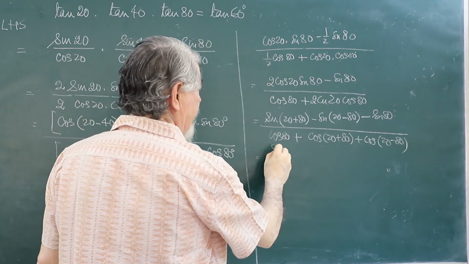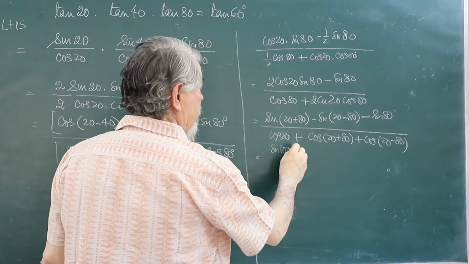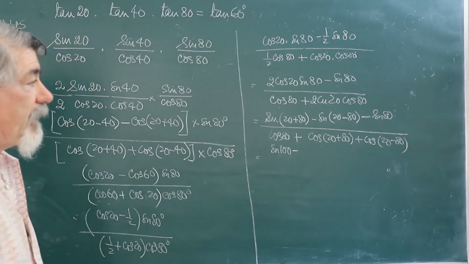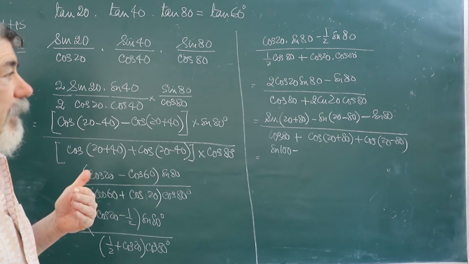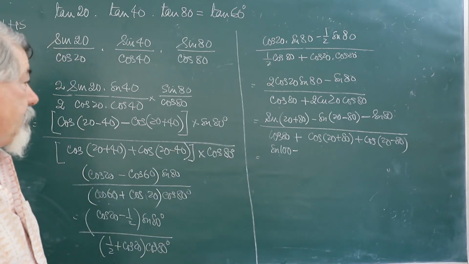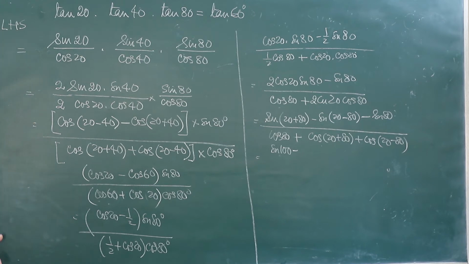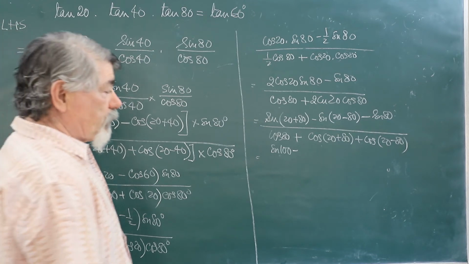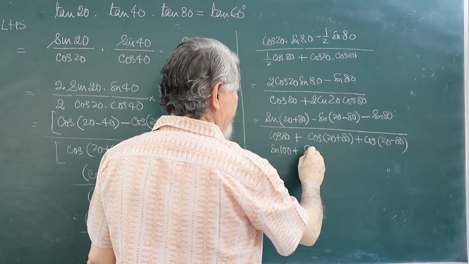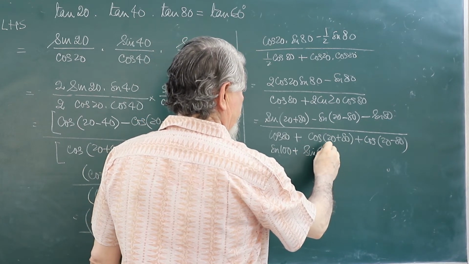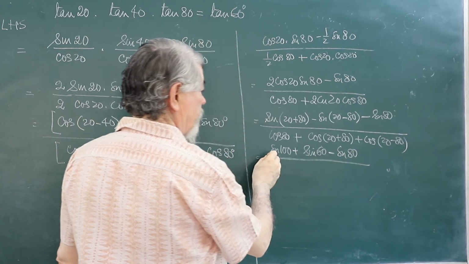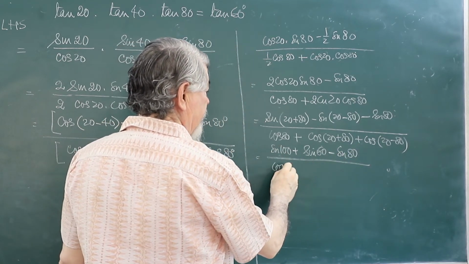Now it will be sin 100 minus, it will become what? It will become minus sin minus 60, and sin minus theta in this fourth quadrant is negative, so it will become plus sin 60 minus sin 80 upon cos 80.